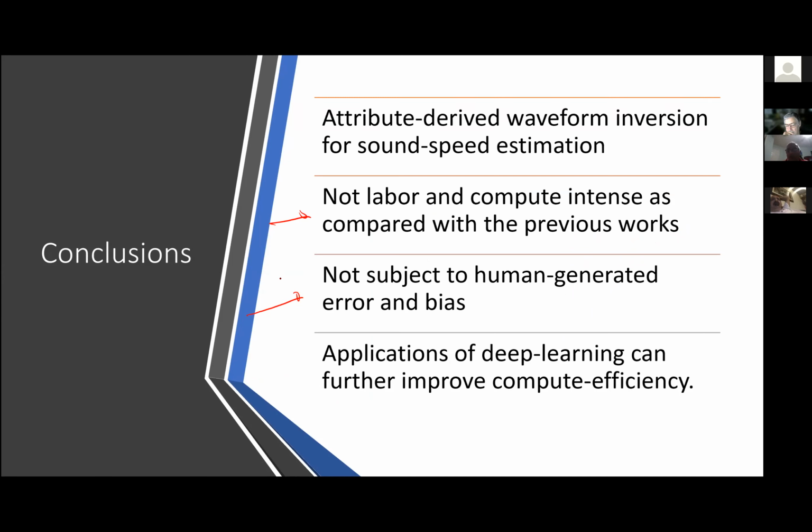Horizon picking does create errors, because when I pick my horizon, I pick it in a way which could be different from how somebody else picks it. So we eliminated that bias. And of course, the application of deep learning can further improve the compute efficiency. With that, I thank you, and I think it is time to take questions and discuss.